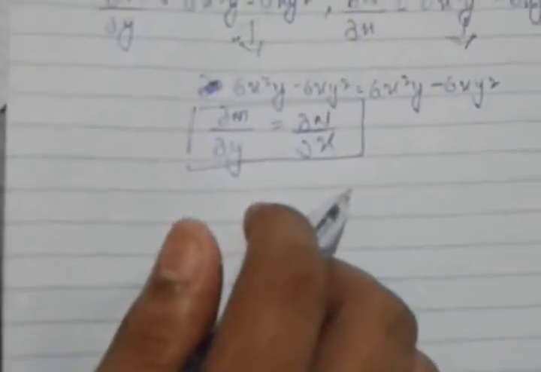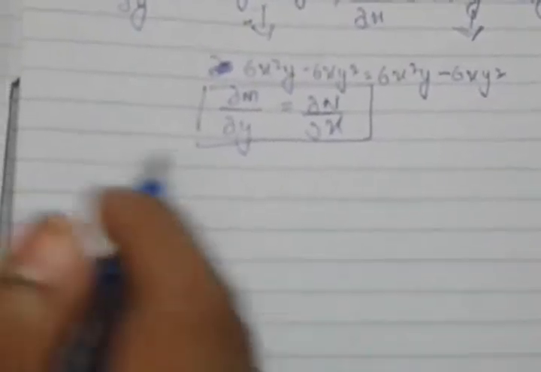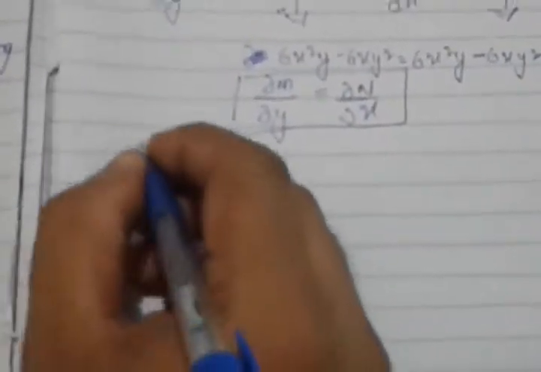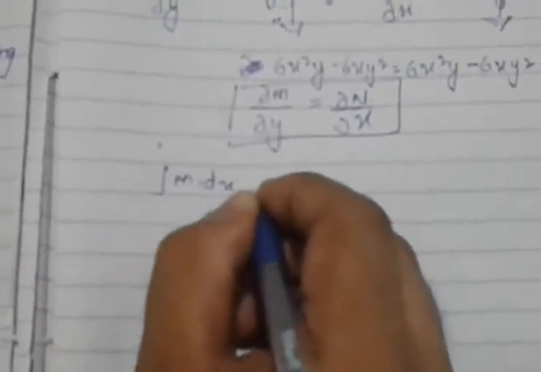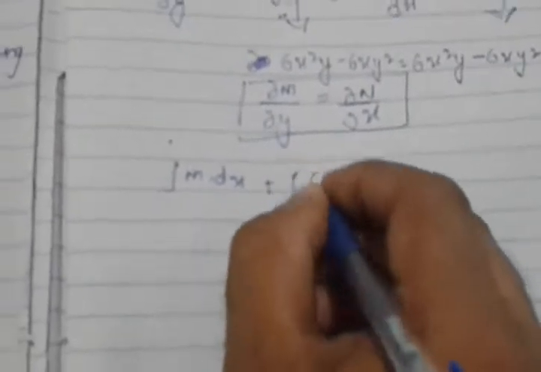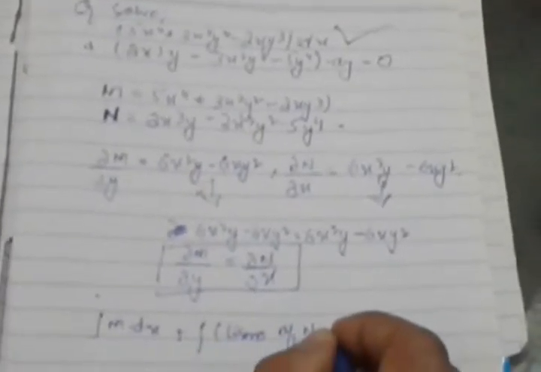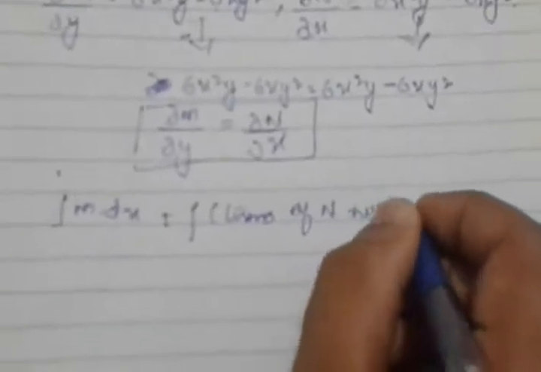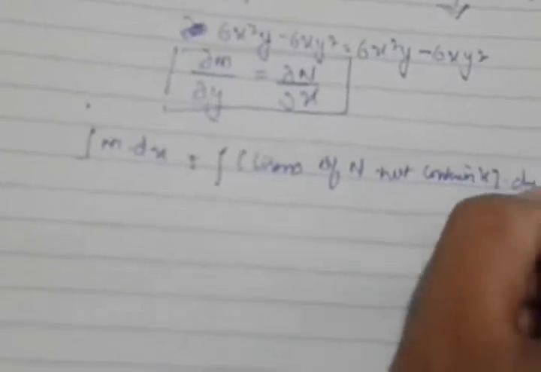Now we will perform the three simple steps which I have told you earlier to solve this question completely and properly. Now we will integrate M dx plus integrate the terms of N which do not contain x, dy, and it is obvious that it equals a constant.